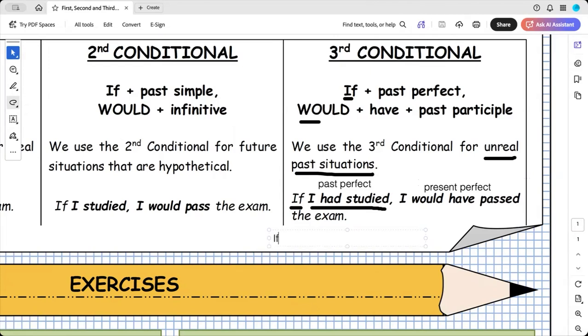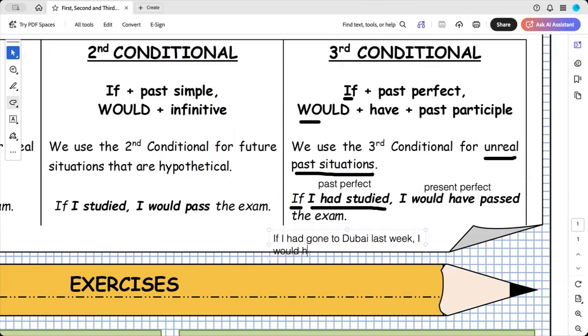So if I had, what? Gone to Dubai last week, what would happen?